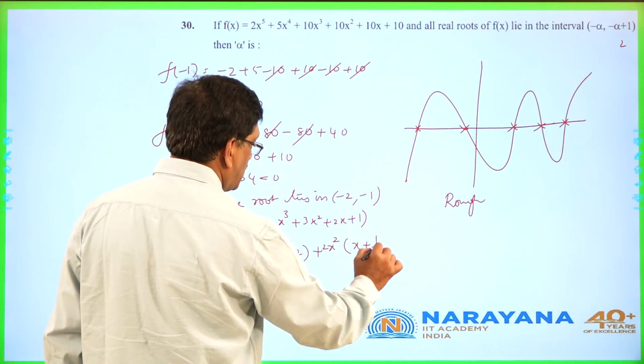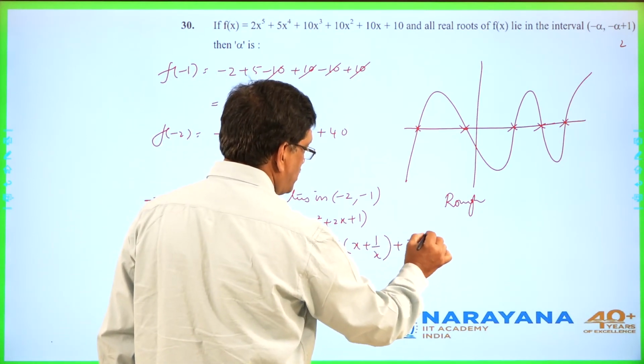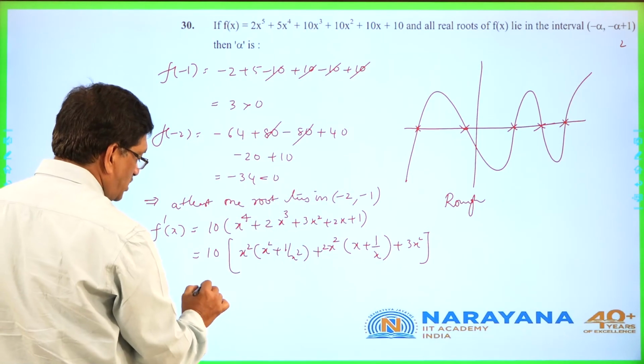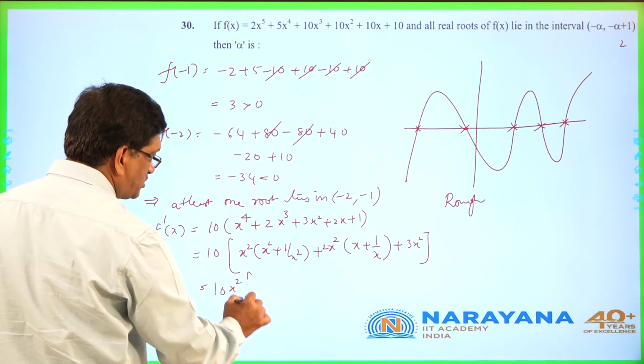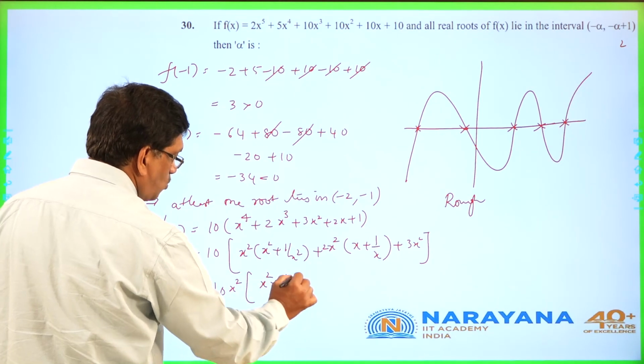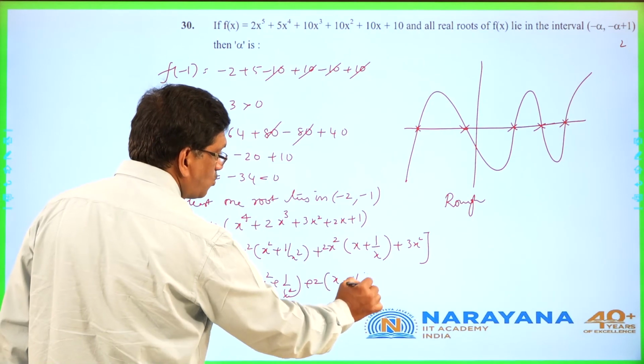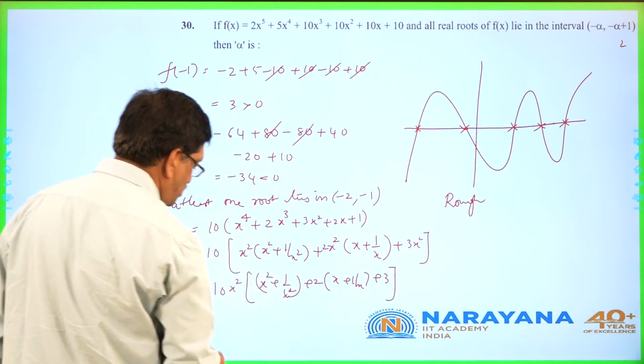It is x plus 1 by x and plus 3x square. So that throughout I can take x square common. It is x square plus 1 by x square plus 2 into x plus 1 by x plus 3.